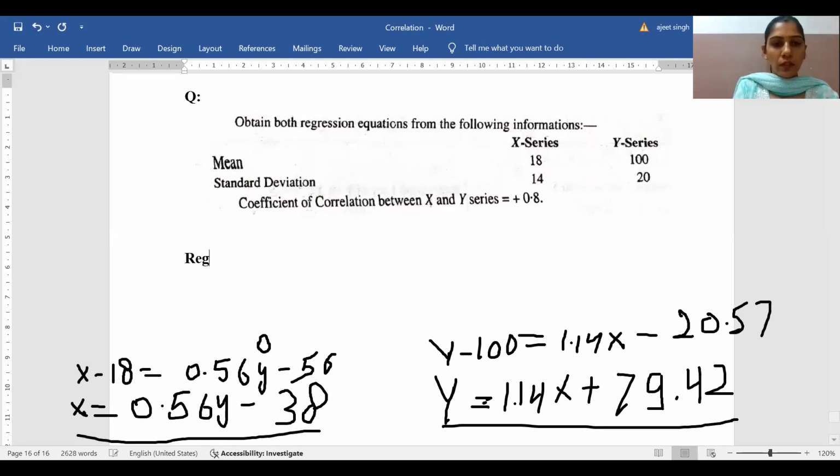So the regression equation for x on y is x is equal to 0.56y minus 38.